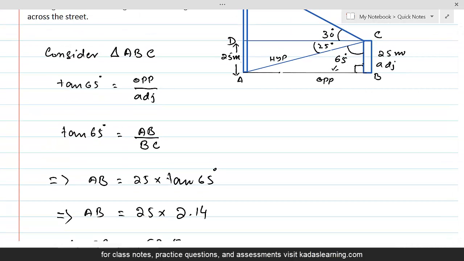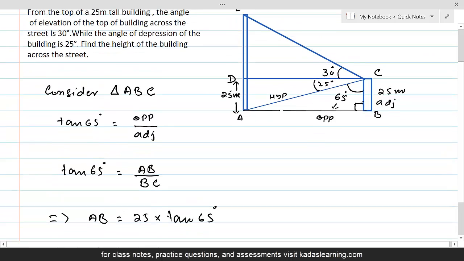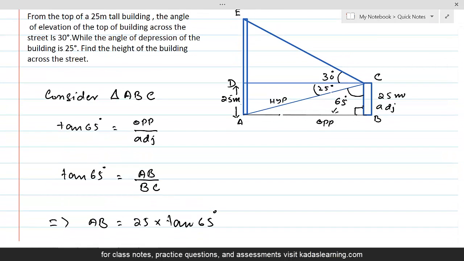Alright, once we have found AB, being the opposite side of the rectangle ABCD, CD is equal to 53.5 meters.